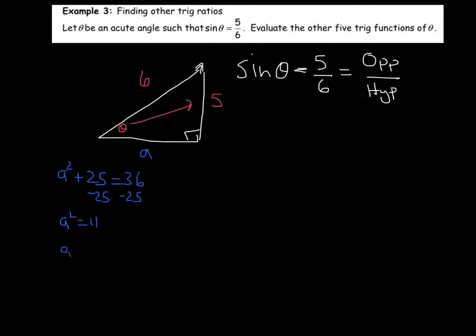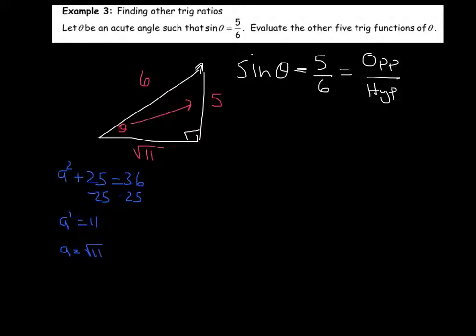So A equals the square root of 11. All right, so now I can go back and erase that, and put in its place root 11. So, anytime you have two sides of a right triangle, you can always use the Pythagorean theorem to get the third side. So now I've got all three sides.